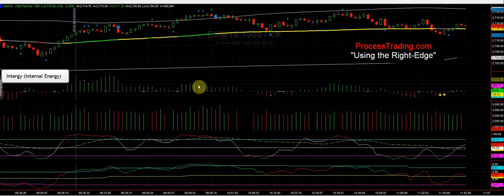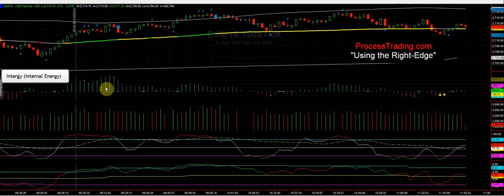But the main thing I just wanted to show you here is the difference in the intuitive level of being able to read what's going on volume-wise, and doing that with the proxy for volume, the Intergy indicator.